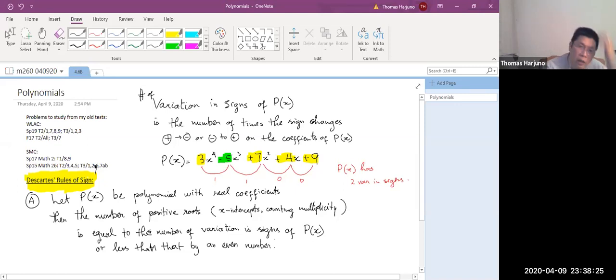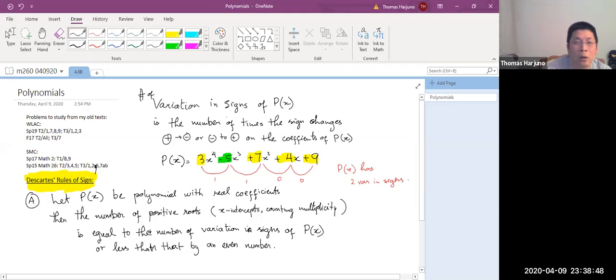So we will look at the number of variations in signs for p(x). That will be equal to the number of positive roots, the number of x-intercepts on the right-hand side of the y-axis, and or less than that by an even number.